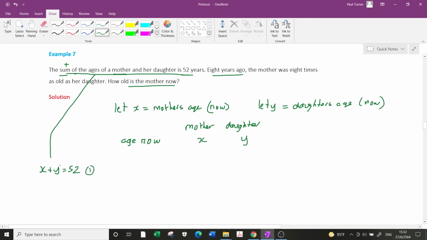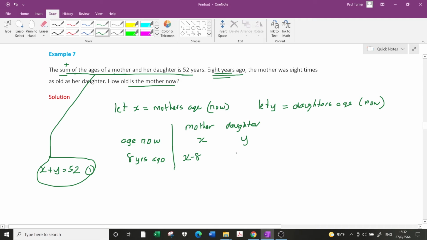Okay, this will be your first equation. And then in the second part, it says 8 years ago. So this is 8 years ago. Well, if she's x years old now, 8 years ago, she was x minus 8, right? For the mother.